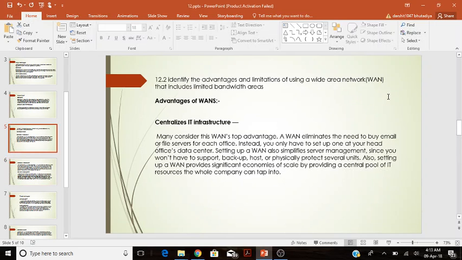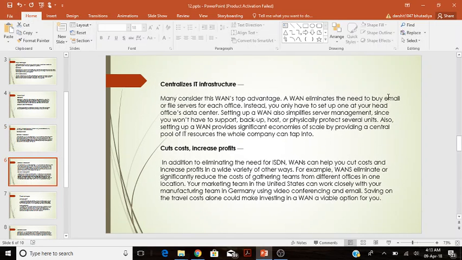Centralized. Okay, so it cuts the cost and increases the profit. In addition to email, a WAN can cut cost and increase profit in a wide variety of other ways.